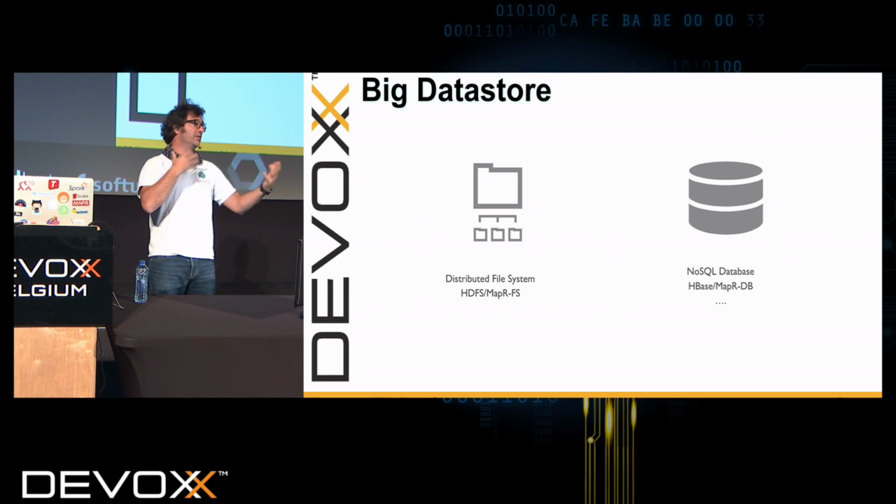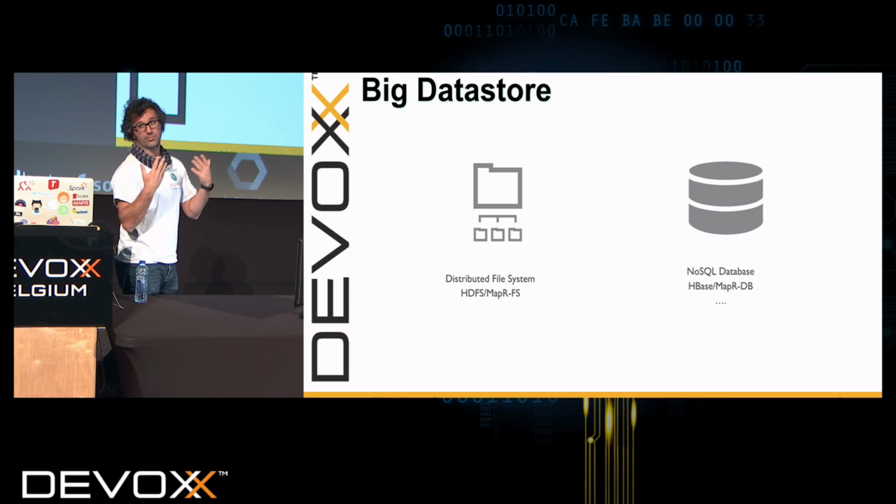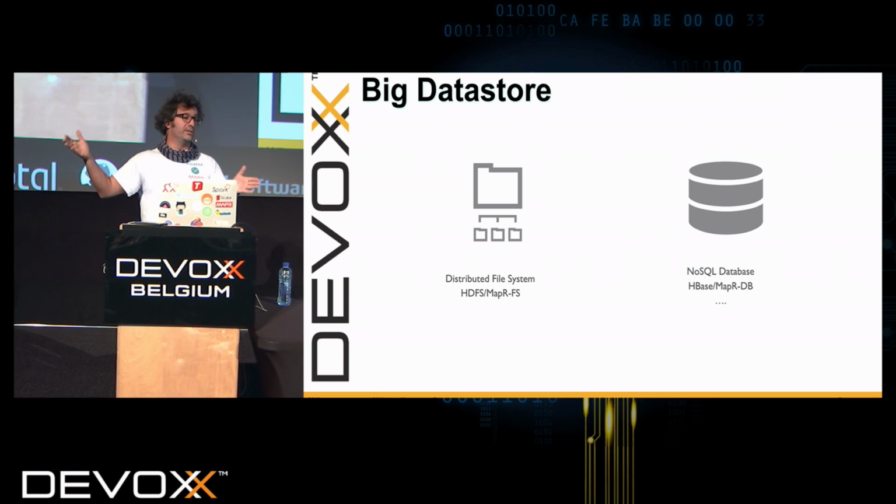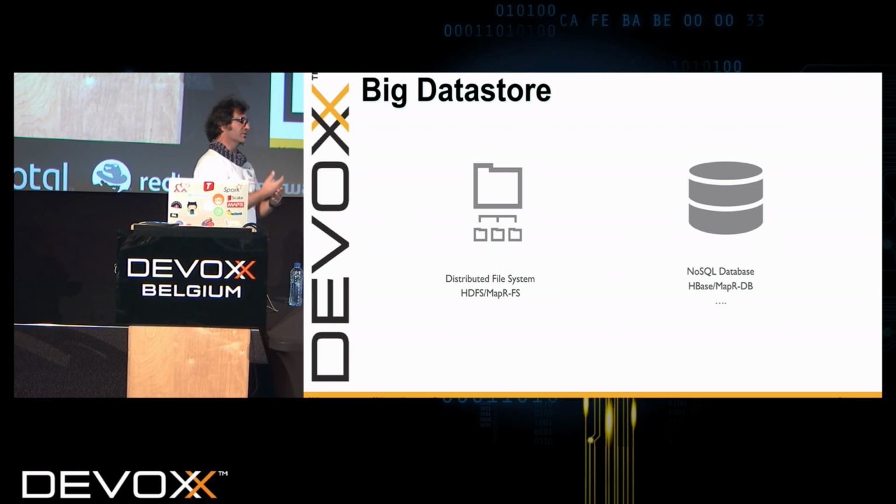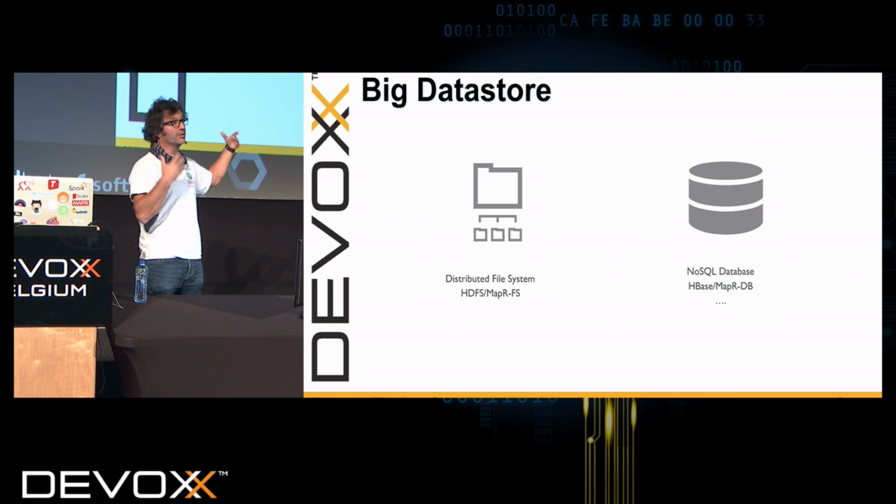And usually you will use a little bit of both. In one case, you will store simple files on a distributed file system that gives you high availability and, more importantly, scalability. You can add more and more nodes. So for example, when you do Hadoop, you will use HDFS or MapR file system, and you can find other appliances, for example, that will do that. The key point in this case is to choose a proper format that can make it very efficient to write or to read, depending on what you want to do with the data.